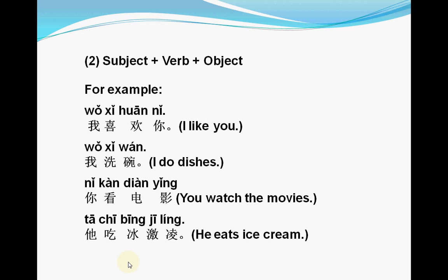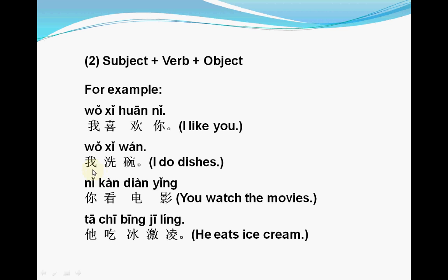Okay, let's see the second sentence structure: subject plus verb plus object. For example, 我喜欢你. 我 I is subject, 喜欢 like is verb, 你 you is object.